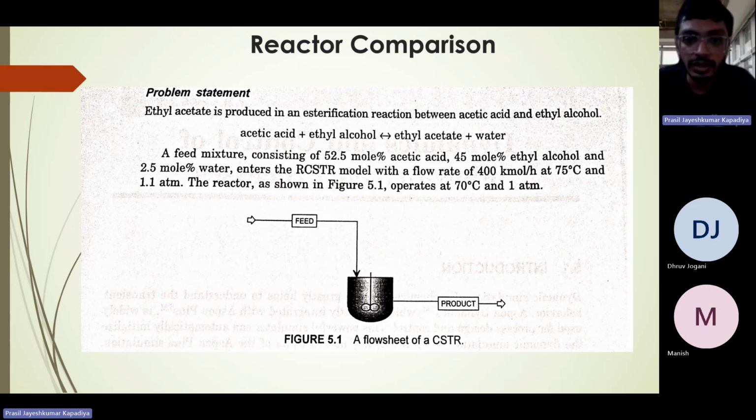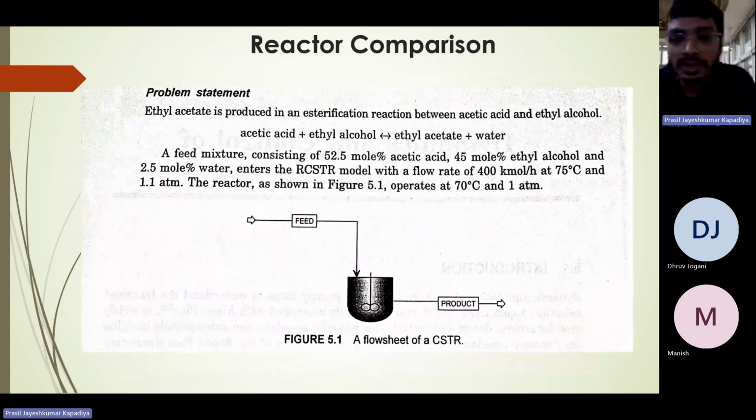The reactor, as shown in figure 5.1, operates at 70 degrees Celsius and 1 atmosphere pressure. So here we are given feed conditions, including mole fraction, total molar flow rate, temperature and pressure, and reactor conditions.